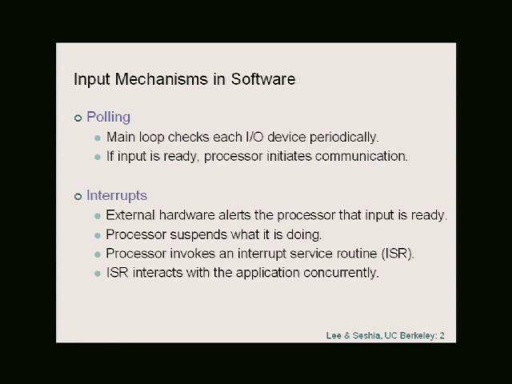The processor then stops what it's doing, suspends what it's doing, and runs code that will deal with the interrupt. That code is called an interrupt service routine. So the processor invokes an interrupt service routine, and the ISR runs. It deals with the interrupt and returns back to where the code had been suspended. Okay? So that's the overall mechanism.